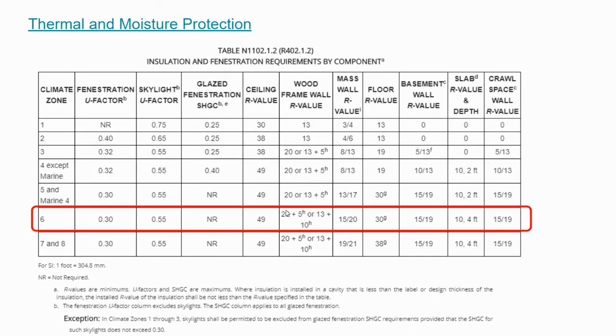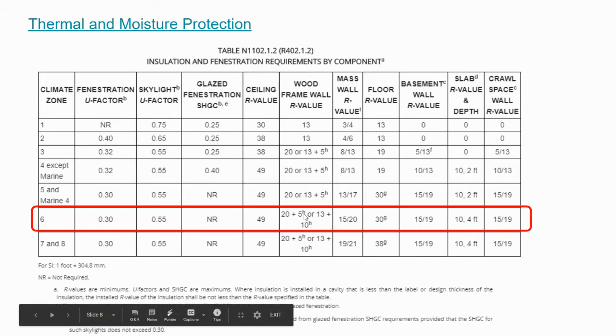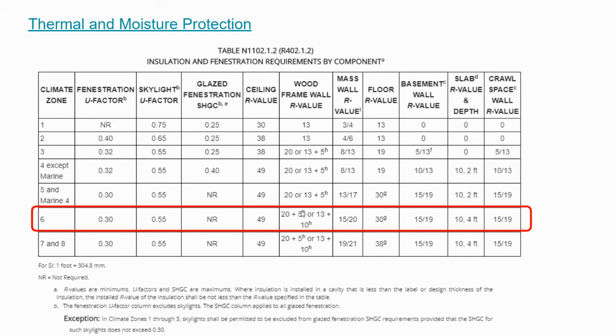Wood frame wall R values, 20 is indicative of what the R value for the insulation we're using has to be in the cavities. +5, there's a little H here that explains, I have another screen capture that explains what that H means, but I'll tell you, 5 R value for insulation that's either on the inside or the outside of the wall.